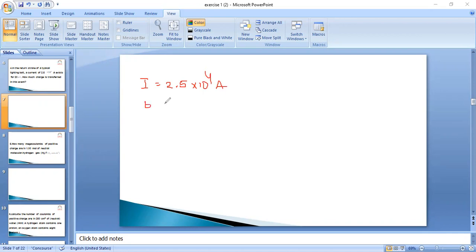That means the time taken is 20 microseconds, so we can write it as 20 × 10^-6 seconds.